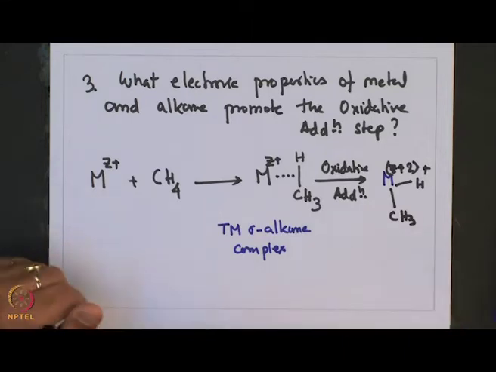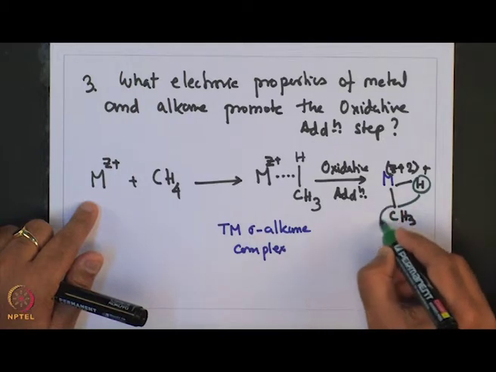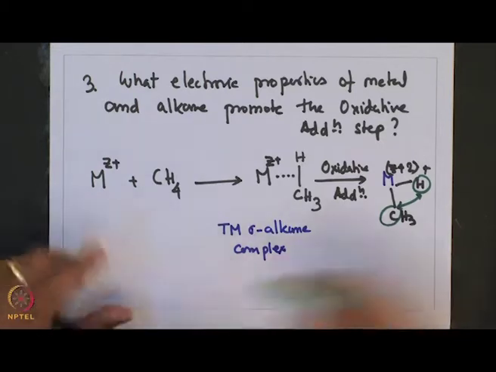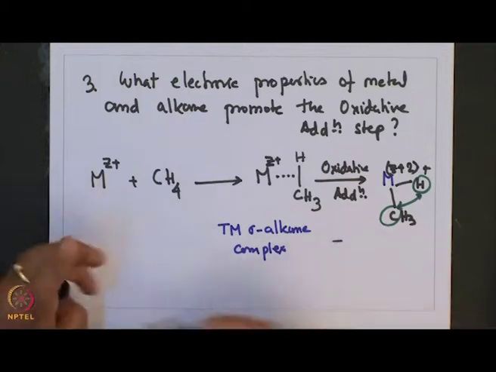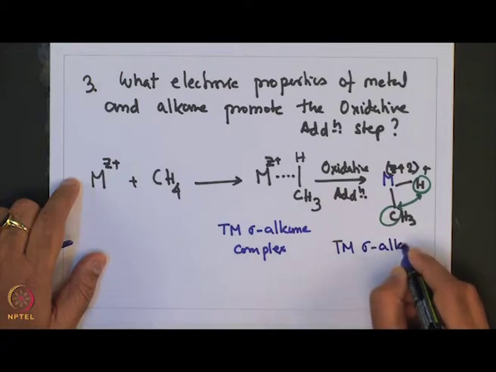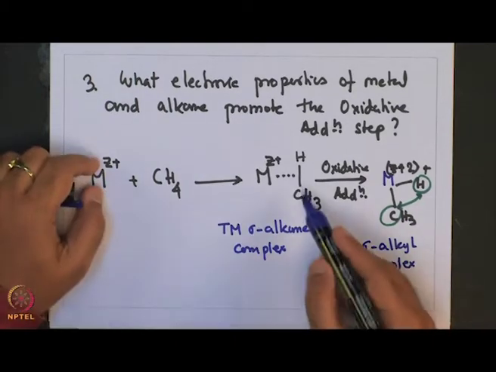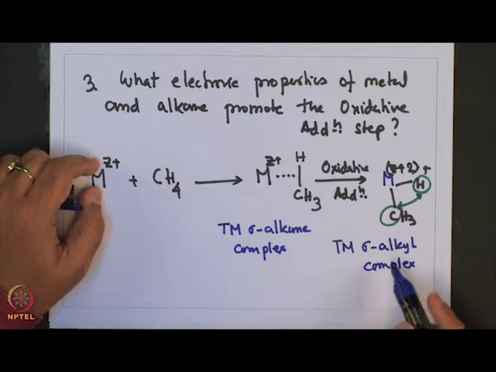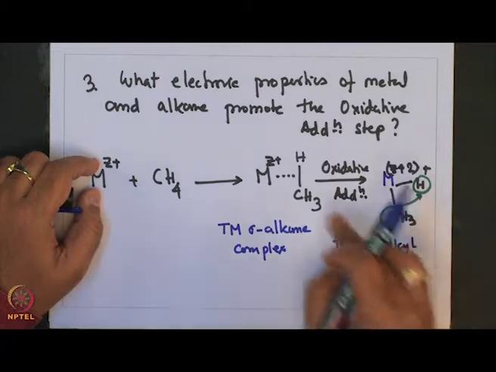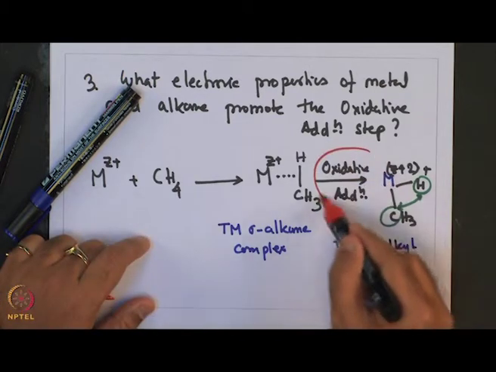Here the C-H activation of this hydrogen and carbon has occurred as we have seen in other cases. So, the complex formed over here is a transition metal sigma alkyl complex. The difference is that over here it is an alkane complex and over here it is an alkyl complex, and the alkyl complex is formed after the alkane complex has undergone oxidative addition.